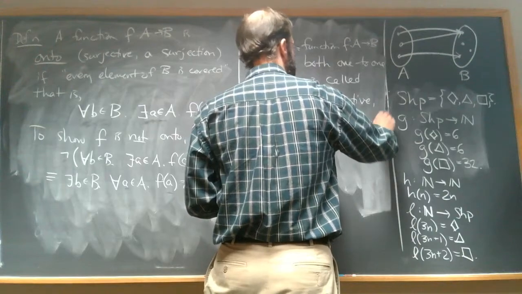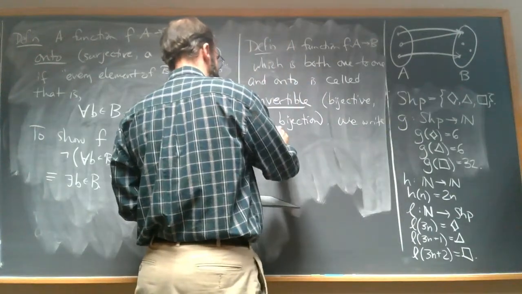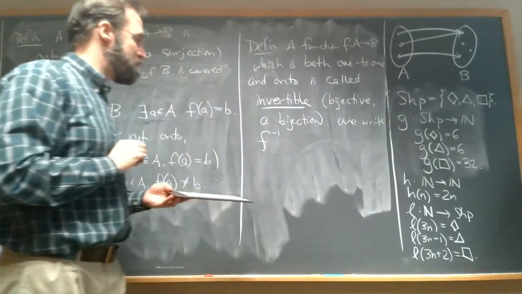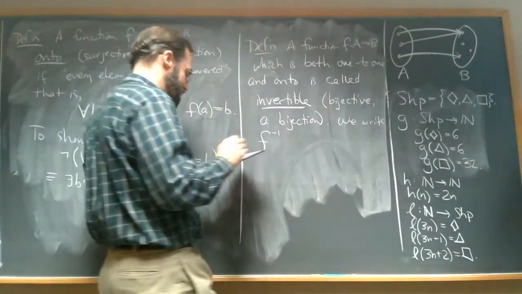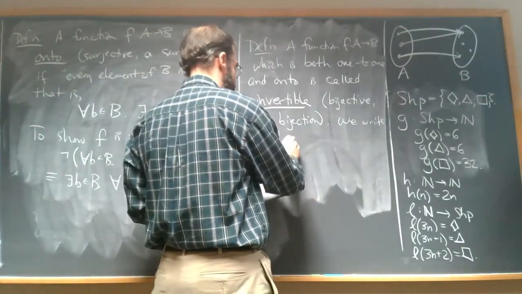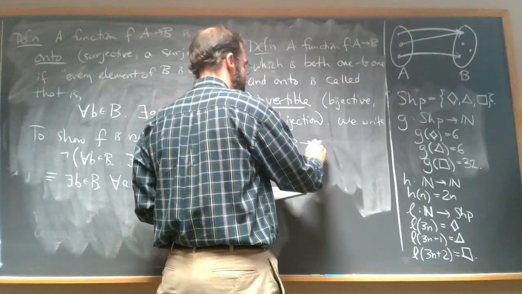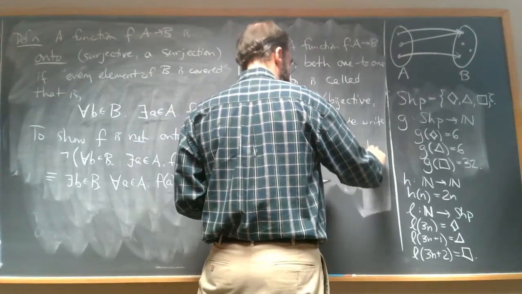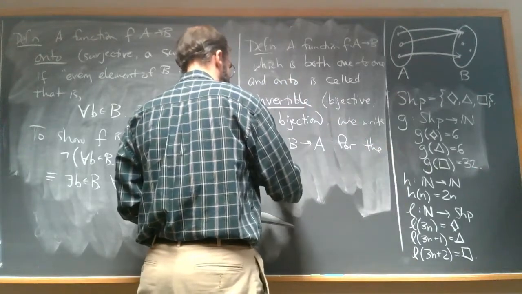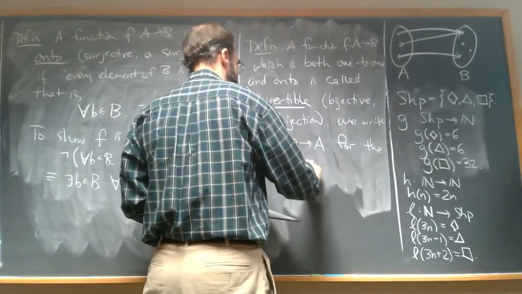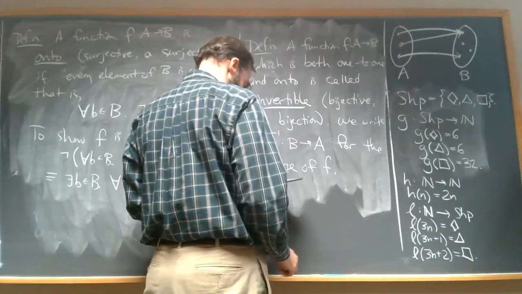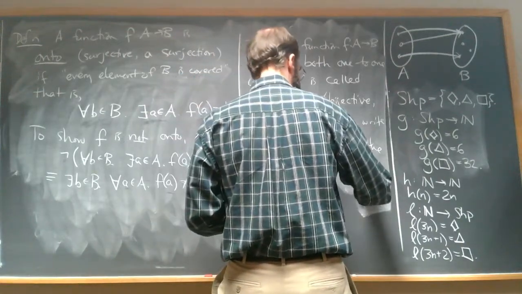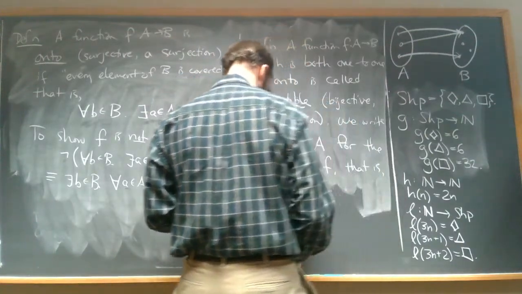And in particular, we write f with this superscript -1. This is a function from B to A, the inverse of f. How do we define this?